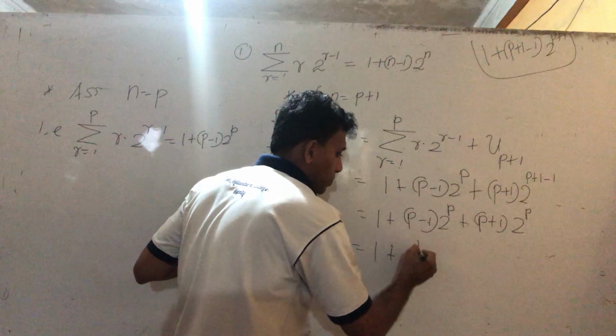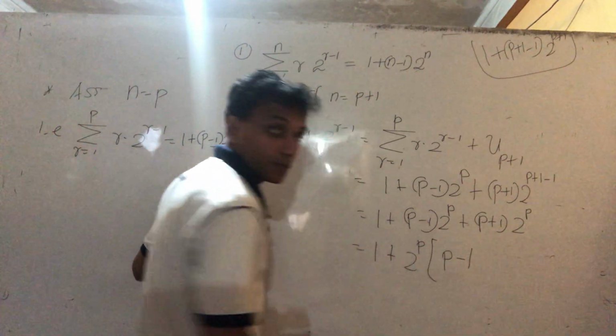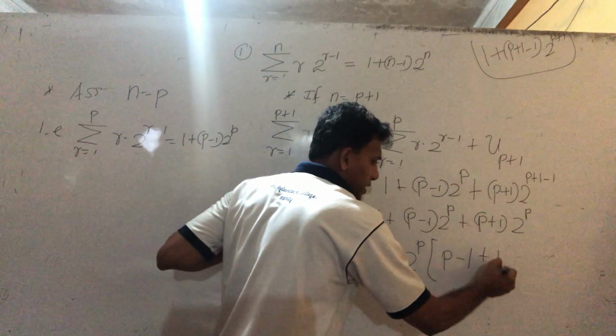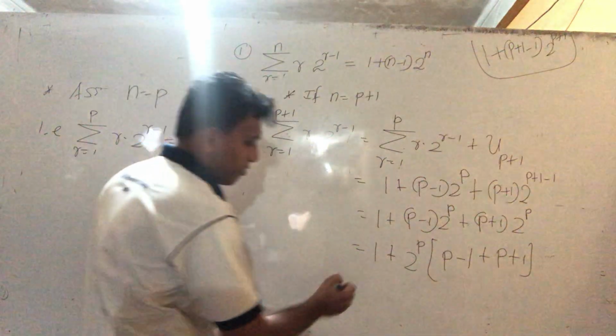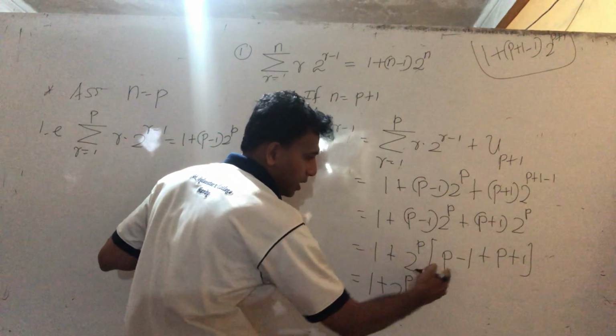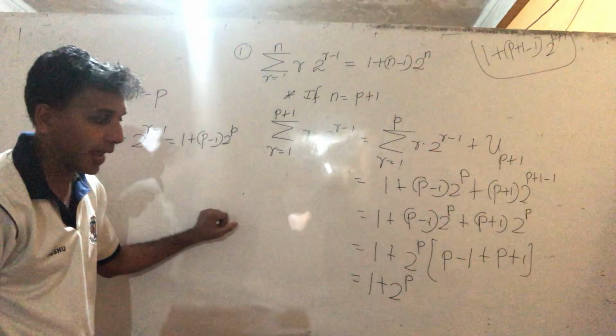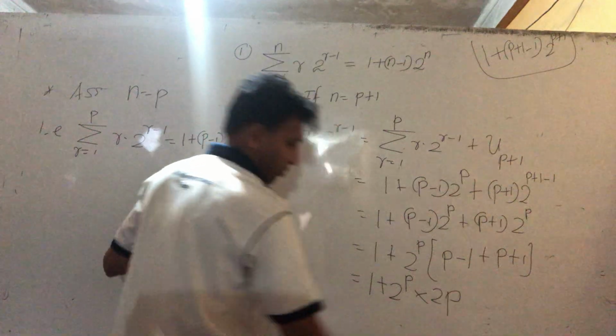Then inside we have p minus 1 plus p plus 1. So 1 plus 2 to the power p times the bracket, where minus 1 plus 1 cancels, p plus p is 2p, right?